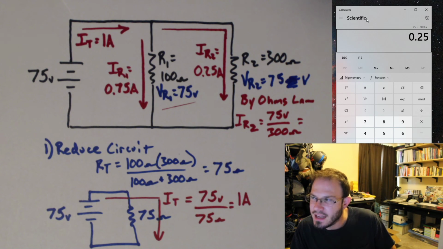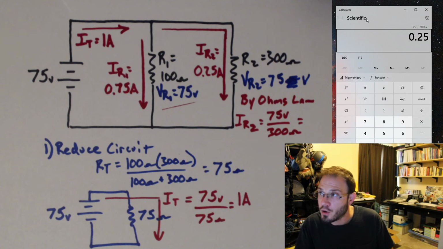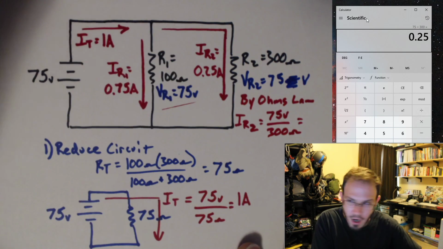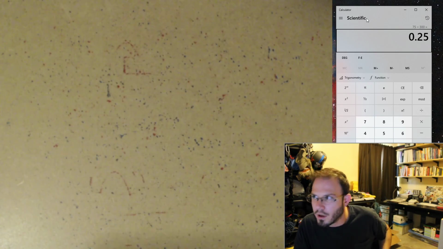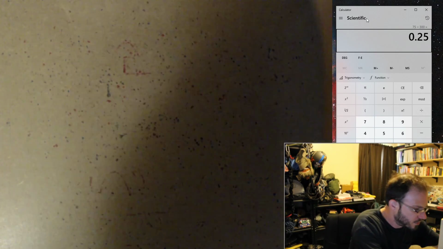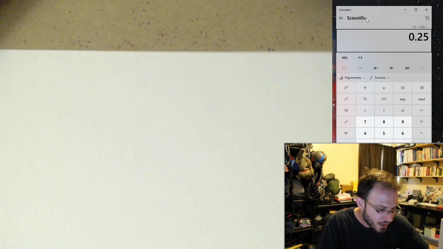Current is the same at every point in a series circuit, and voltage is the same across every branch of a parallel circuit. Those are everything we've learned thus far, and that actually is everything that we need for most of the semester. I'm going to list these out.